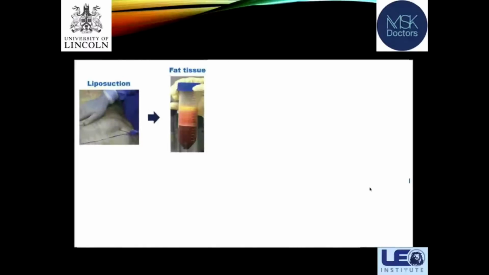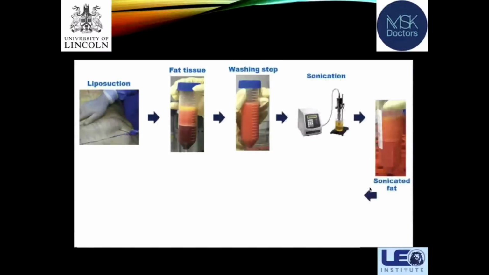So this is one of the ways that we do it. We take some fat out from the tummy, and then we have the fat tissue. We separate it, and then we do a washing to get rid of the molecules that we don't want. We want to get rid of the red blood cells for certain, because they are an irritant to the body, and we certainly don't want to put that into the joint, because it will cause inflammation. In some labs, we sometimes use sonication, putting ultrasound through the fat to break it down and potentially release these perivascular cells.